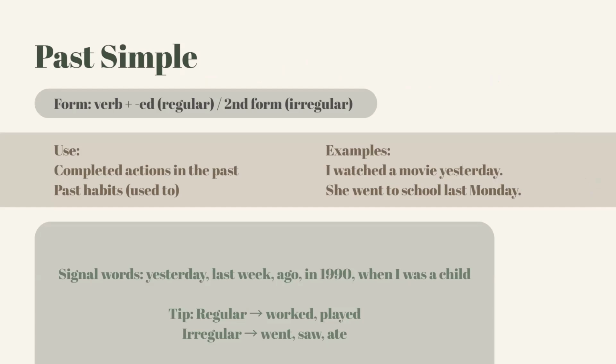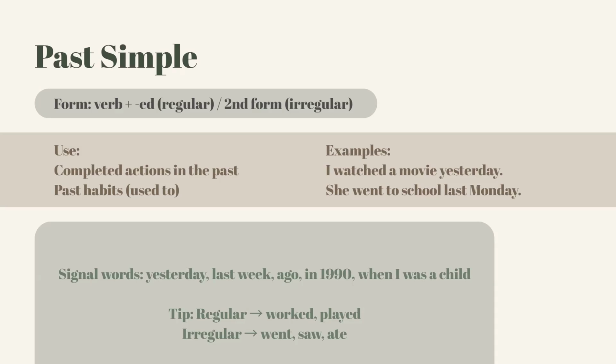The form is very basic as well. You just add ed to the verb when it's a regular verb, of course. And when it's an irregular verb, you just get the verb to its second form.